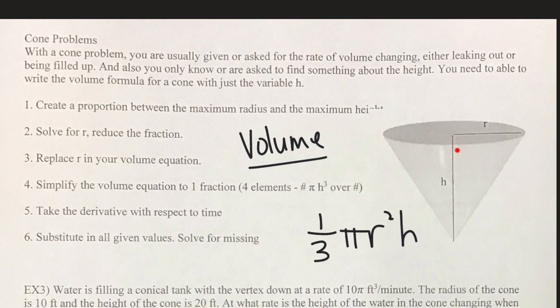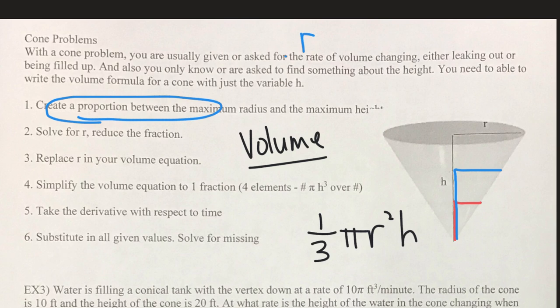Because what they want you to understand is no matter what the height of your water is, the radius is a proportion. No matter how deep the water is, the radius will be proportionally as wide as it always is. So that's where we start, by creating a proportion using your maximum values from your problem.